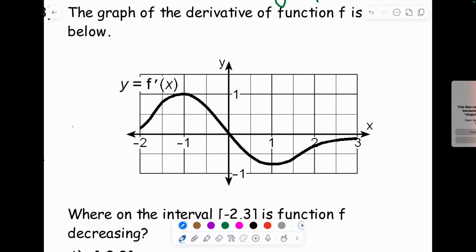So draw a number line based on this f prime of x graph, because I can ask you multiple different questions. Again, this question does not require you to be good at math, just good at analyzing. So if your algebra sucks, you can still do these questions.